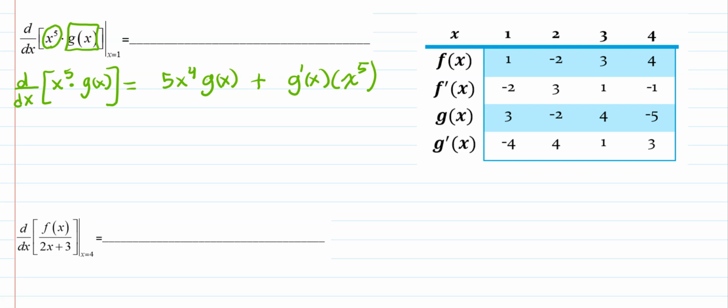So derivative of the first times the second plus the derivative of the second times the first. And now we are going to evaluate that at x equals 1.